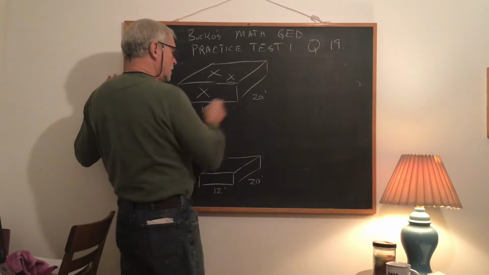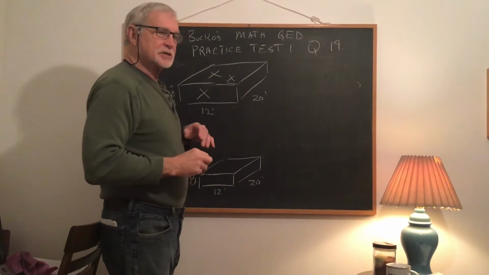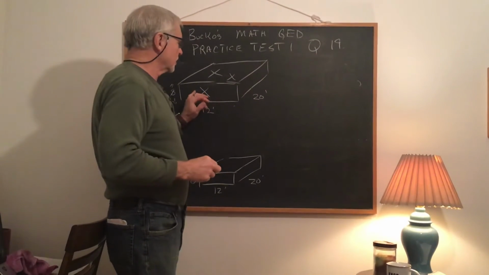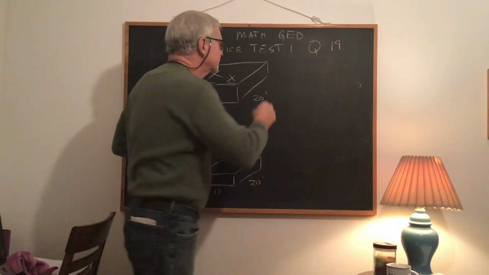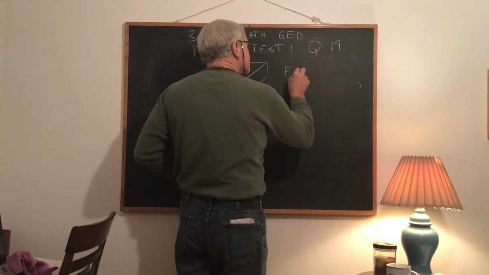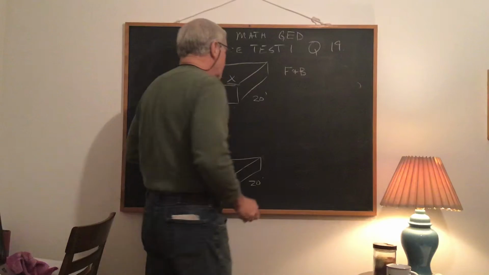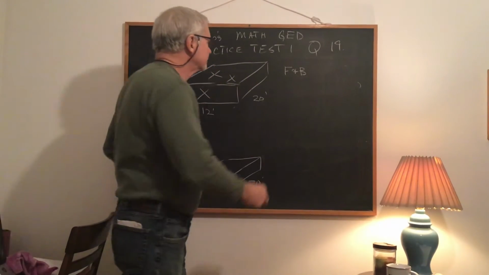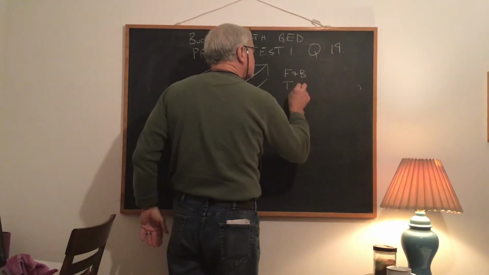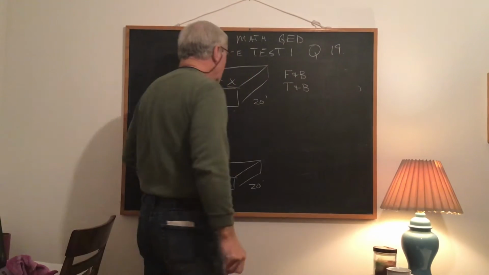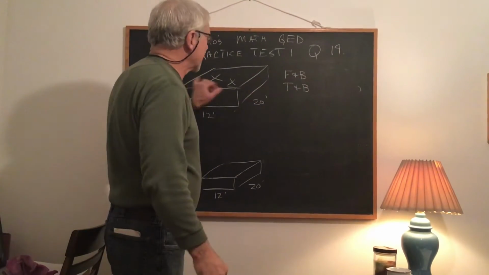So the way I set these up to keep them organized, I do a thing called front and back. Top and the bottom. In the left side and the right side.